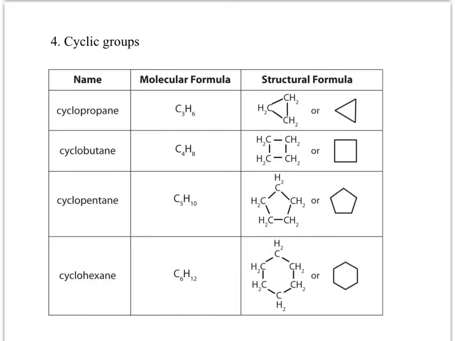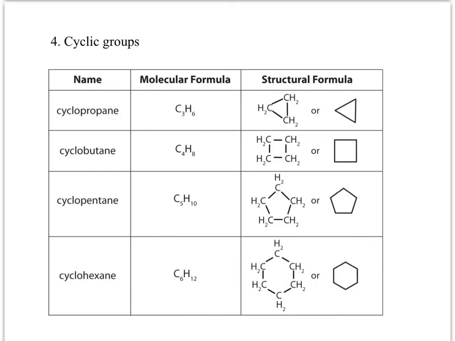All right, now cyclic groups are next, and notice that the cyclic groups are CnH2n, and that would be like if you had a double bonded system, so it's just coincidental that they have the same general formula. You have to watch for that.